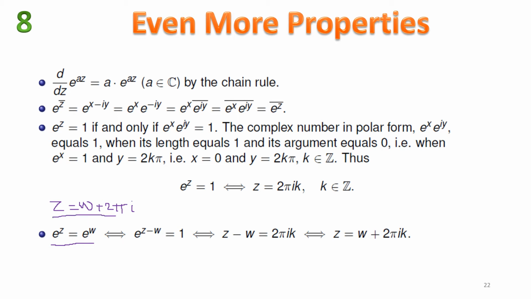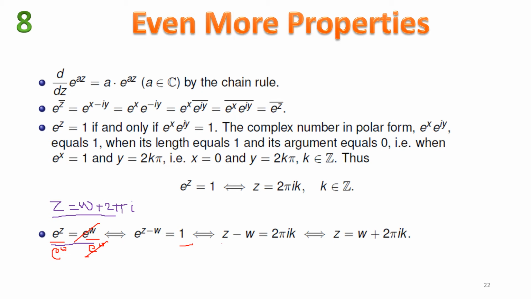We divide the equation by e to the w. So e to the w upon e to the w will be 1, and here we are left with e to the z minus w.